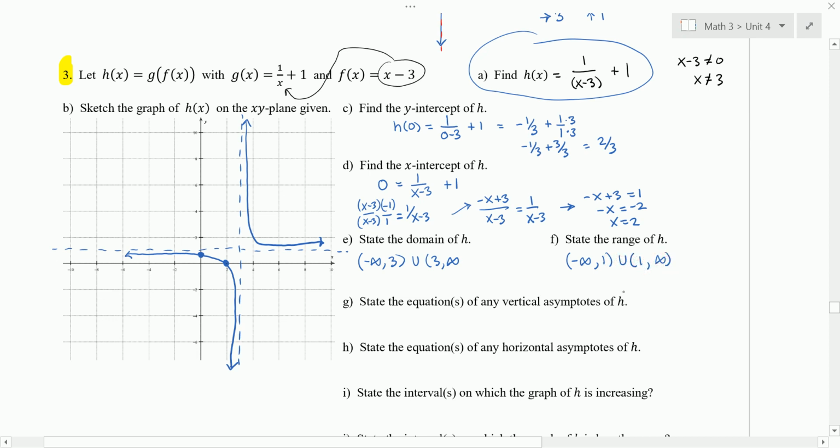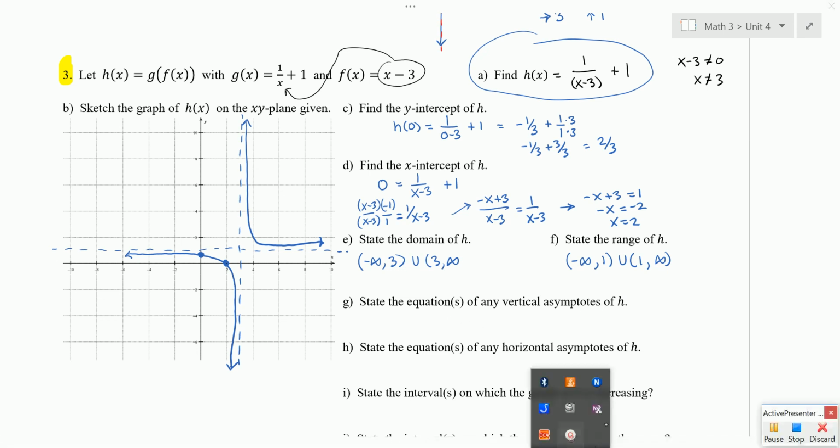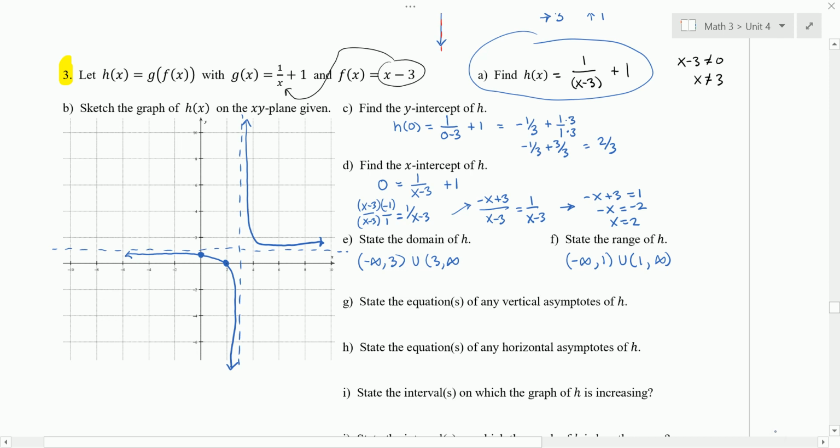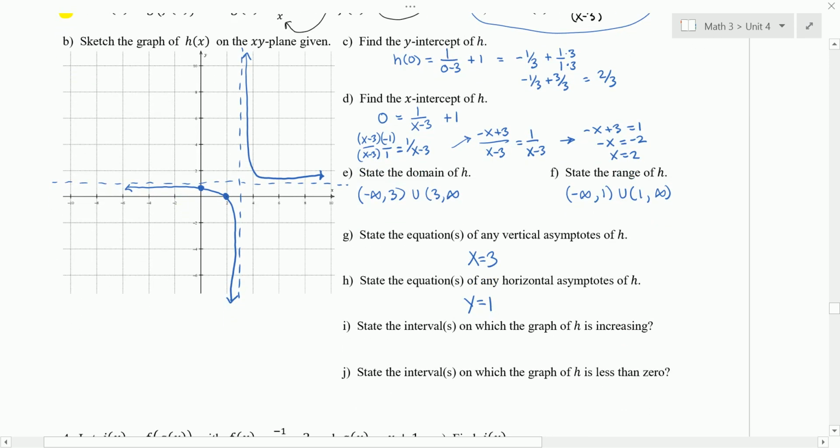State the equations of any vertical asymptotes of H. So vertical asymptote, we have one at x equals 3. Horizontal asymptote, we have one at y equals 1. State the intervals on which the graph is increasing. Well, if we trace this from left to right, anywhere on that graph, it's decreasing.